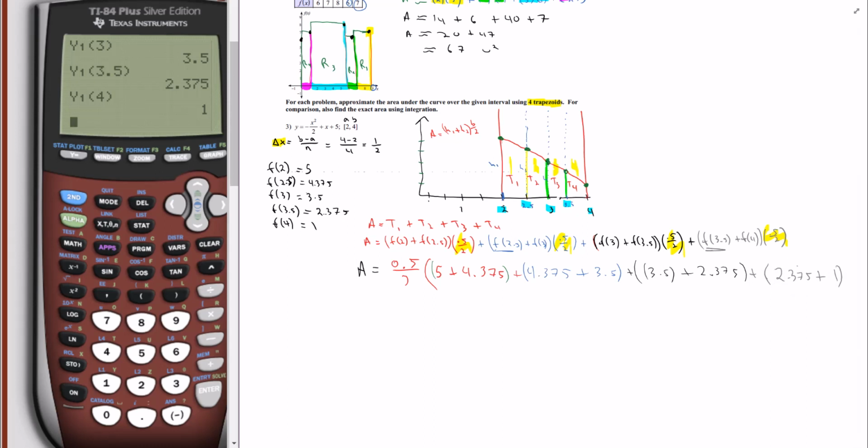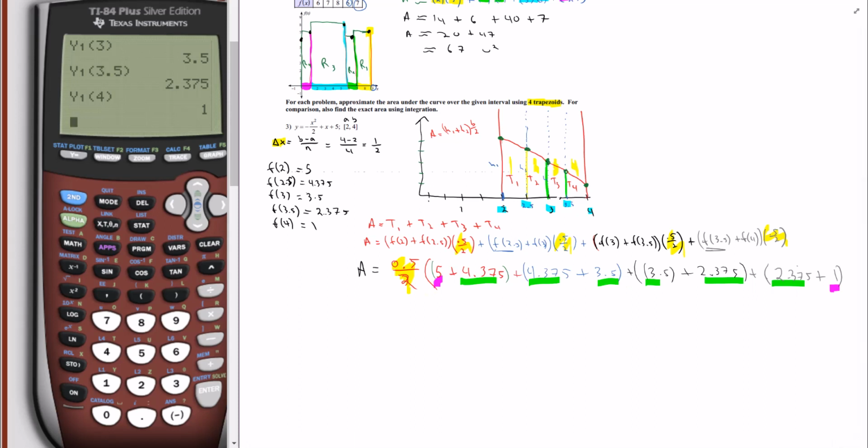And remember, all those yellow pieces are taken care of by multiplying out here, where this is a 2. Since you have a calculator, you can just put this whole thing on your calculator if you want, but I also want you to notice that all these inside numbers happen twice, right? Because they get used as h1, and then for the next trapezoid they get used as h2, or vice versa. And the only ones that don't get used twice are the first one and the last one.